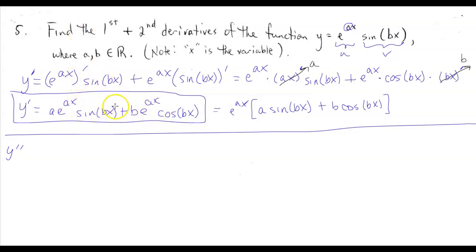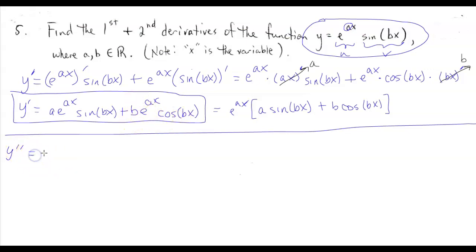And the reason I'm going to do that is notice that we start off here by taking the derivative of e raised to the ax times sine of bx. And so notice that I have this here. So by me taking this form, I could reuse what I already have and then just work on taking the derivative of this second term here.